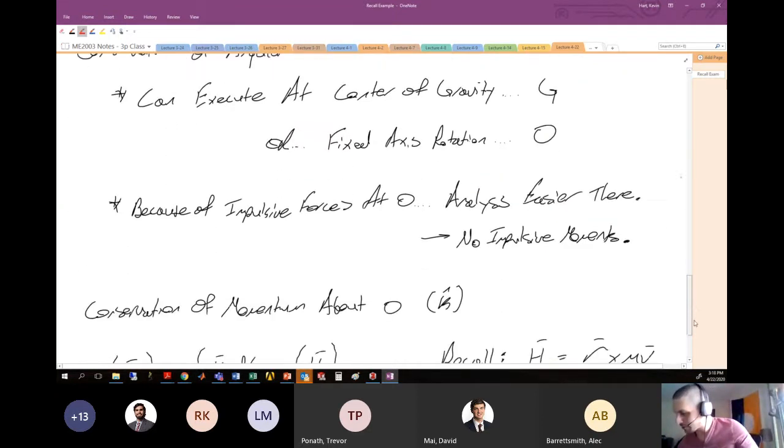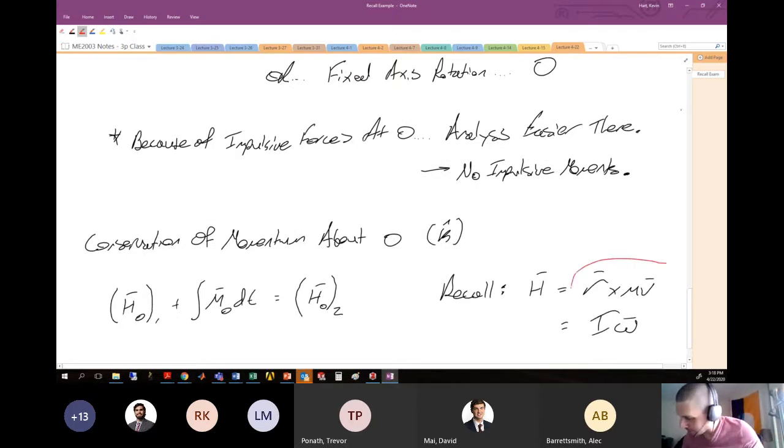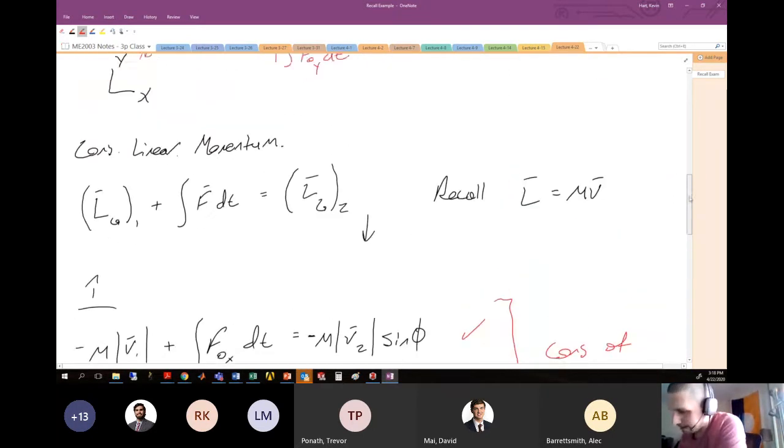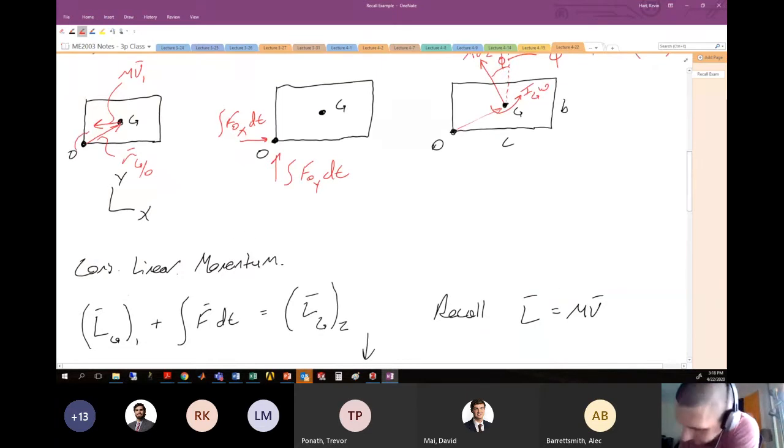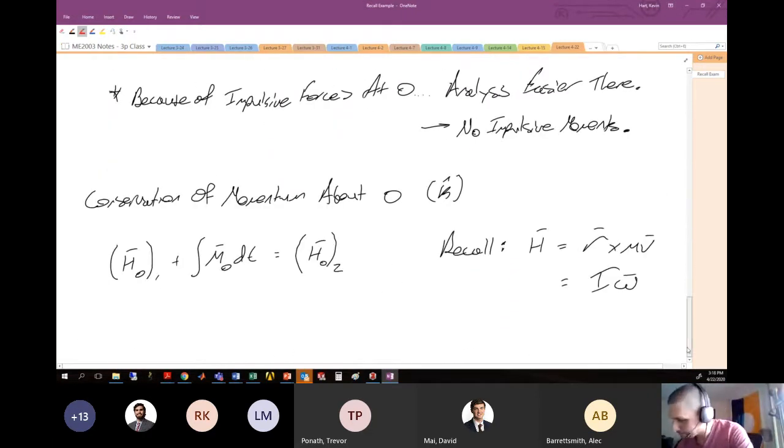Remember, our general definition for angular momentum is r cross mv. So if we're standing at this particular point, then this guy is going to drive some angular momentum for us, which is r_GO cross mv1. This is my initial angular momentum of this particular object.